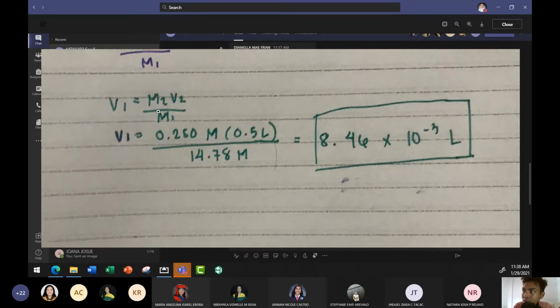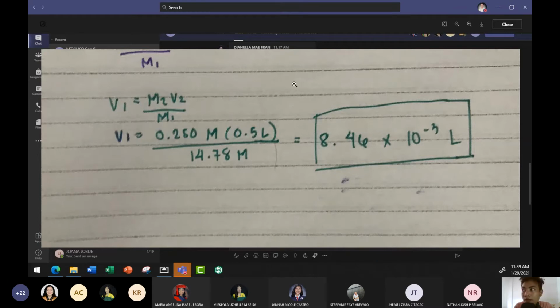The final molarity is 0.25 molar, the final volume is 500 ml or 0.5 liters, and the initial concentration is 14.78 molar, yun na solve natin kanina. So we ended up with the volume 8.46 times 10 raised to negative 3 liters, or if you express that in ml, that will be 8.46 ml.